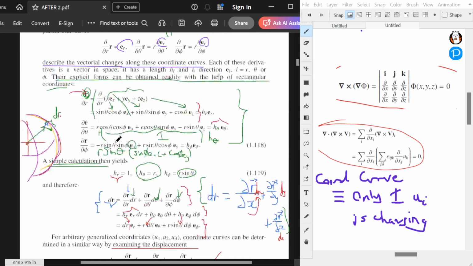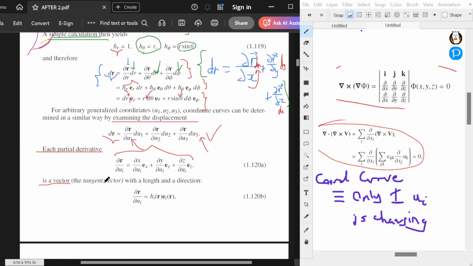Is that the case up here too? Yeah, it is, with a length and a direction. That also makes sense. They have the tangent vector in brackets. Each partial derivative is a vector, the tangent vector.